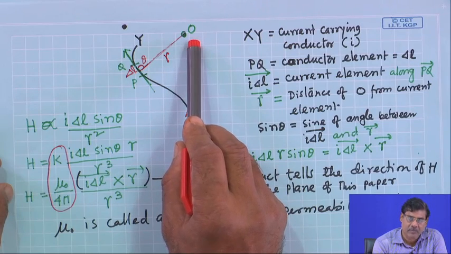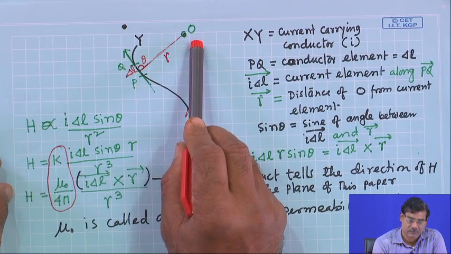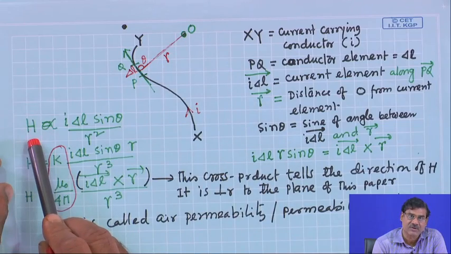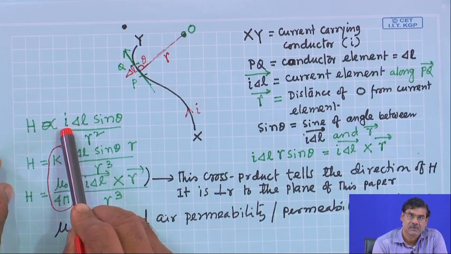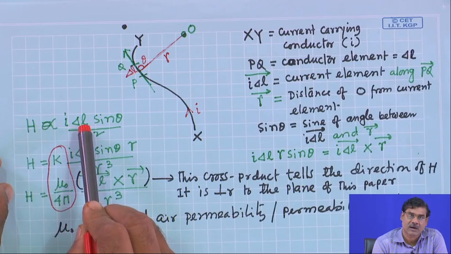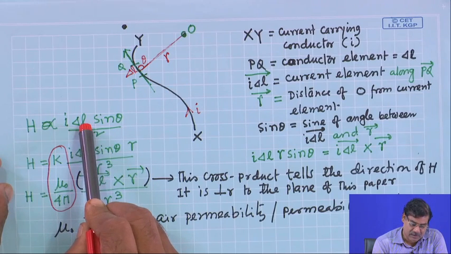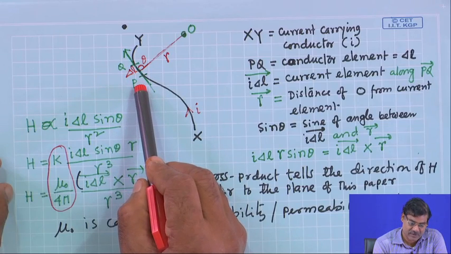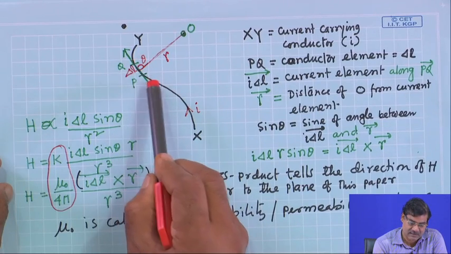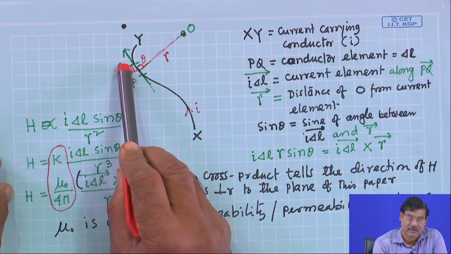So, according to Biot-Savart law, this magnetic field H is proportional to the current, proportional to the current carrying conductor element, here PQ, this is the conductor.